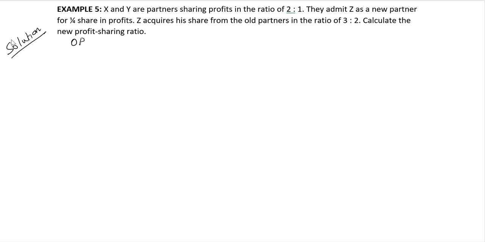As per the problem, the old profit sharing ratio between X and Y is equal to 2:1. The new share of Z is also given as 1/4.